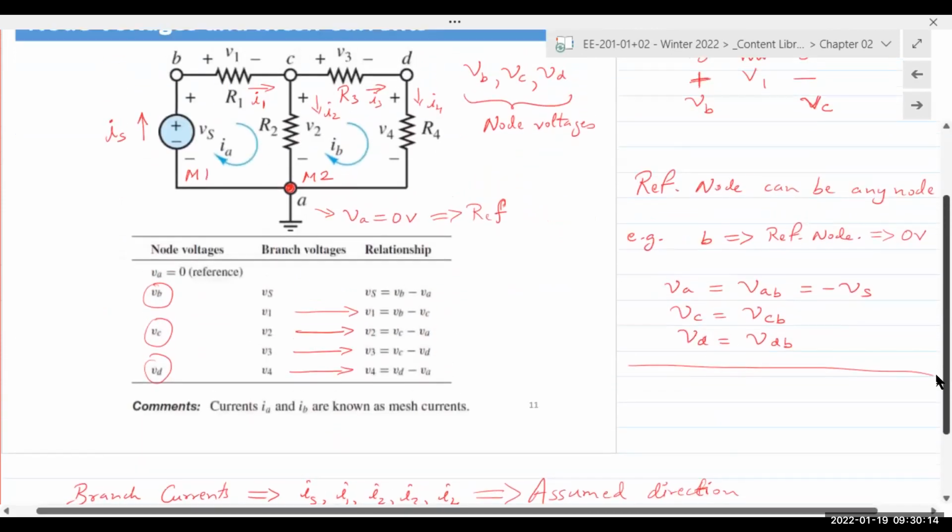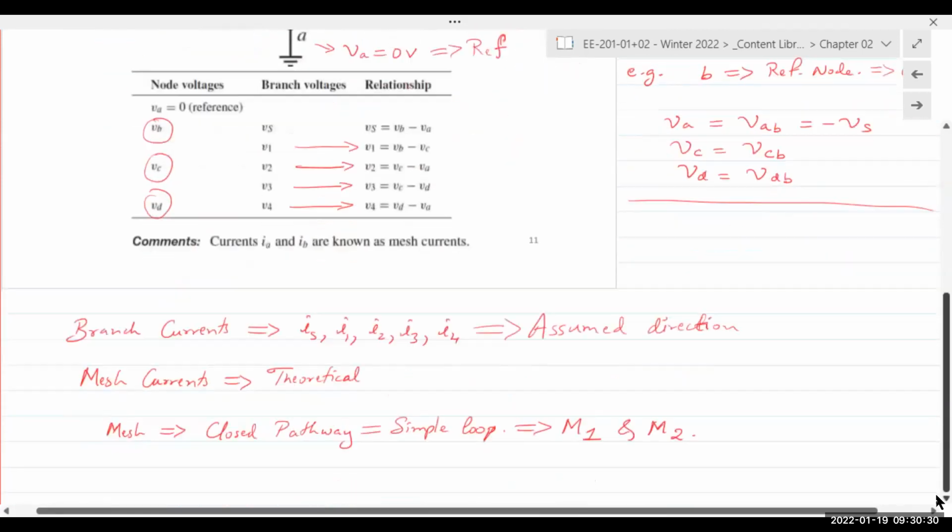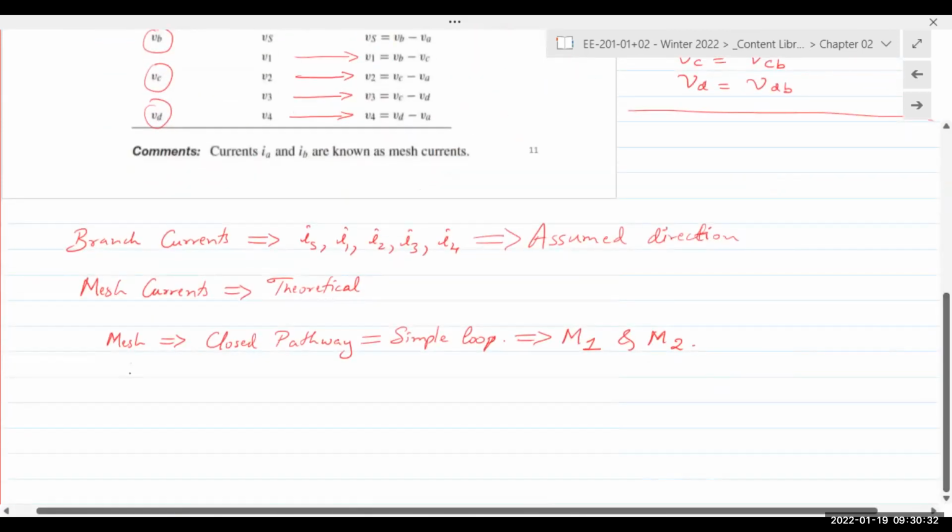And the current that flows inside that mesh is known as the mesh current. Now, mesh currents are completely hypothetical. It's you who's going to choose the direction of the mesh current, either clockwise or counterclockwise. So mesh currents are theoretical.